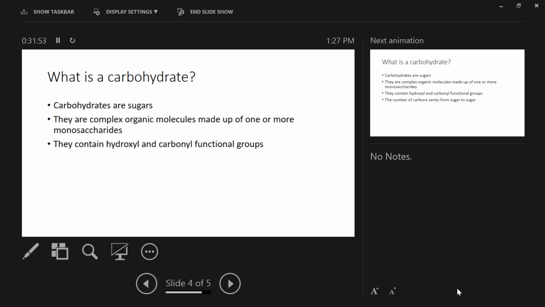Typically, sugars have one carbonyl group and a hydroxyl group for every other carbon. But anyways, that's bonus information. So you tend to have a lot of hydroxyl groups in sugars and one carbonyl group.